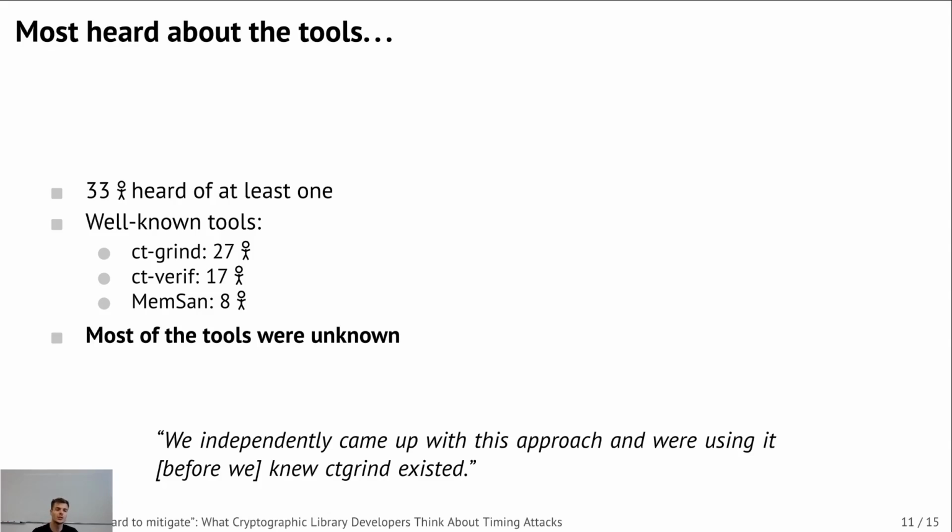So to explain, CTGrind is really a use case of Valgrind, the tool, or let's say the memcheck component of Valgrind, in which you mark areas of memory that you consider secret as uninitialized, and then what Valgrind will do is that during execution, it will trace how these uninitialized areas of memory affect other derived values, through this process of shadowing.